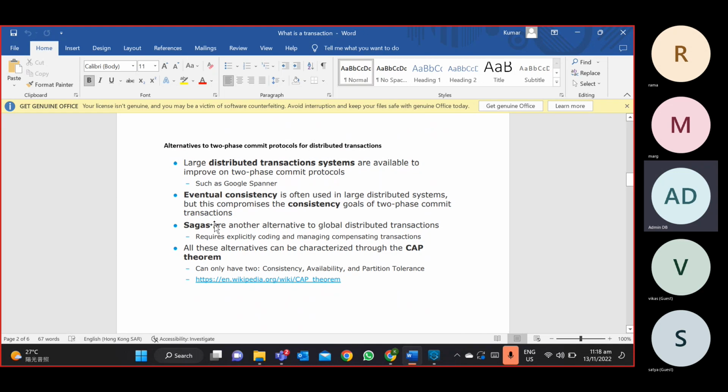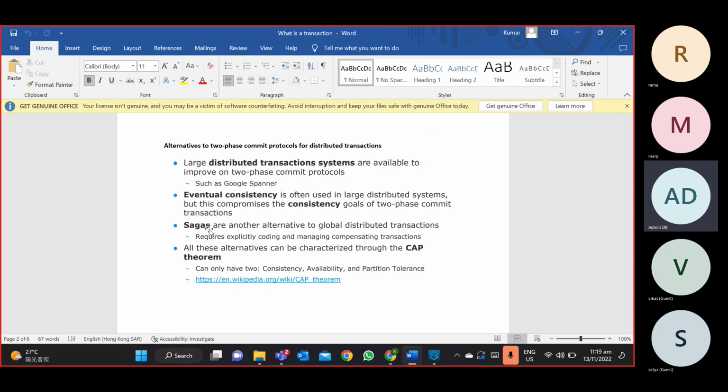Okay. Another possible option we have is the Saga pattern. We have only a limited number of connectors which support this transaction. Now, if a particular connector doesn't support the transaction, how will you perform the transaction?